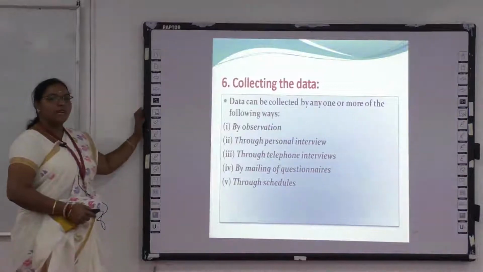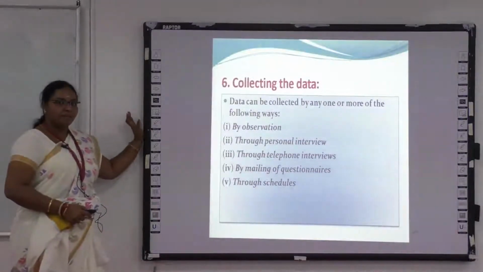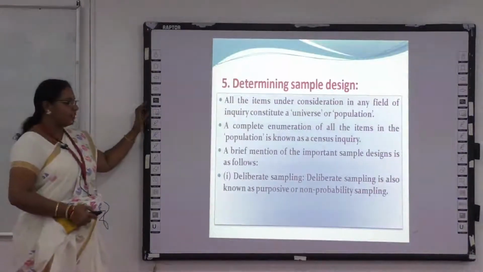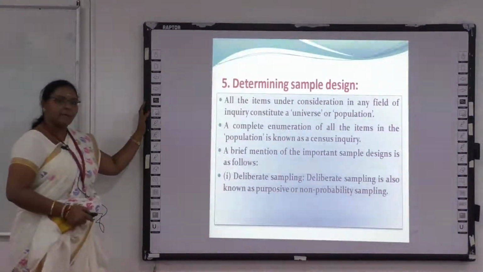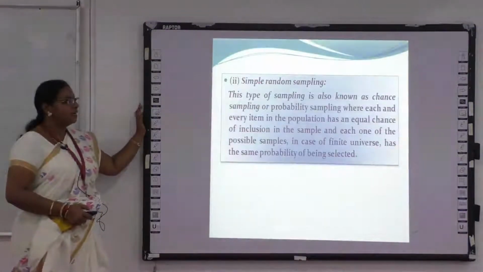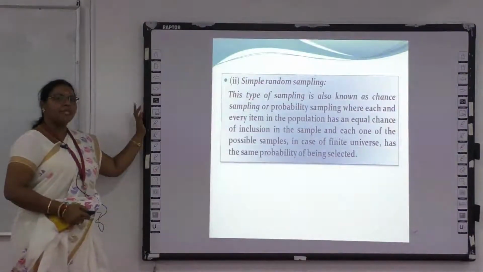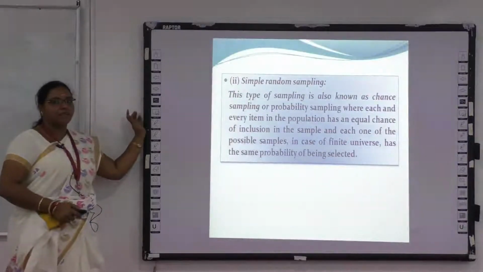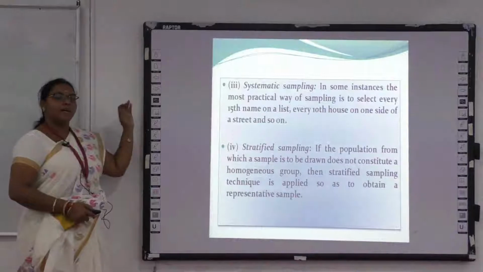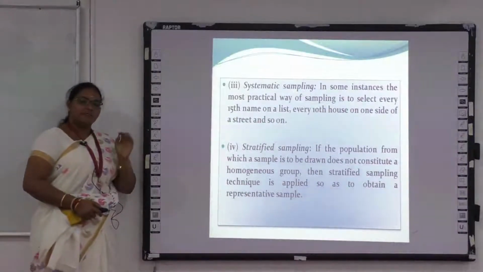And then we are moving on to collecting data. Before that, I'll have a revision of the types of design. The first type is deliberate sampling, which includes judgment sampling and convenience sampling. Then simple random sampling, where everyone is given a chance. Then systematic sampling, where the counting is noted and the selection of people is recorded from that counting.